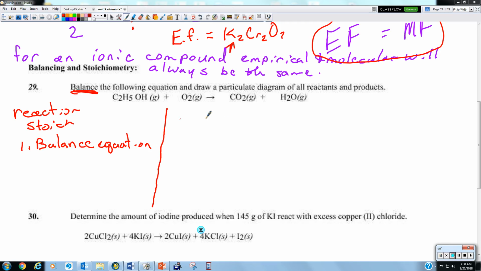So how can I get the same amount of carbon on each side? All right, I'll put a coefficient of 2 right there. When I do that, that changes my oxygen as well. Now I have 4 oxygens plus 1 is 5. So I'm going to have to make some changes over here as well. But the other thing, let's look at, we have 6 hydrogens. We only have 2 hydrogens here. So how can I get the hydrogens the same?